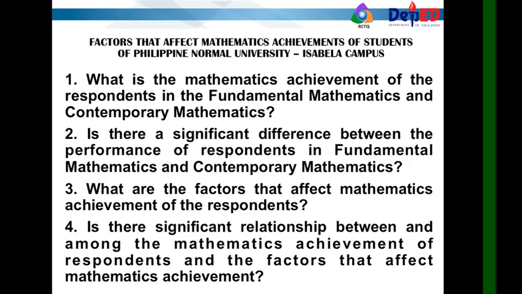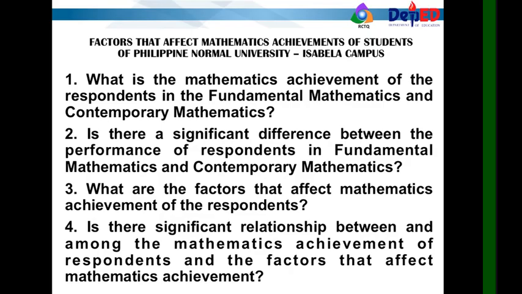Parang dinedetermine niya na kapag ba mababa ang bata doon sa mga factors na yon, ibig sabihin ba ay mataas yung magiging score niya sa math? O kapag mataas ang mga factors or level ng bata doon sa mga nasabing factors na yon, ibig sabihin ba mababa ang makukuha niyang achievement sa math?